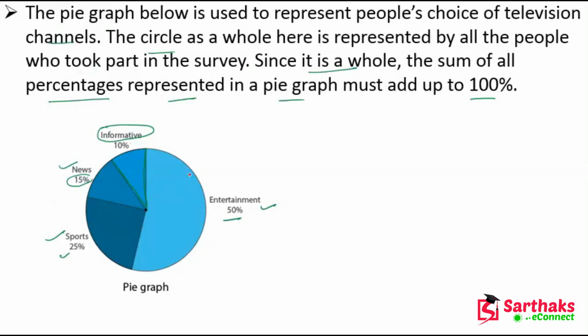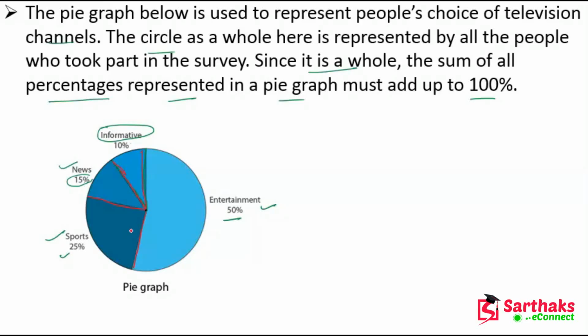So this is the pie chart, which is also known as a circle chart, and it divides the circular statistical graphic into sectors. Here you can see that these are the sectors, different sections.